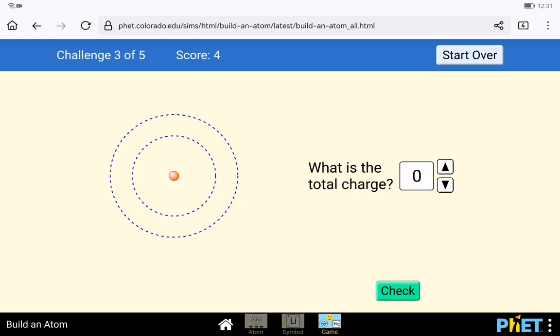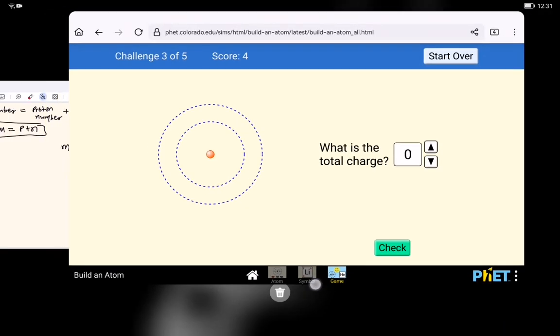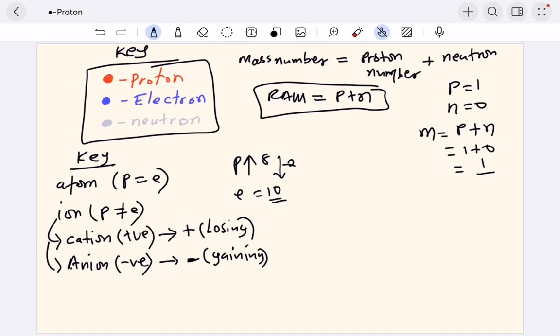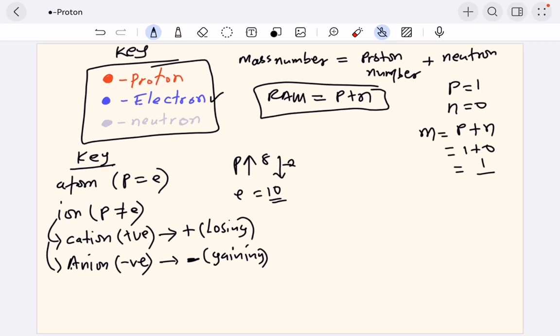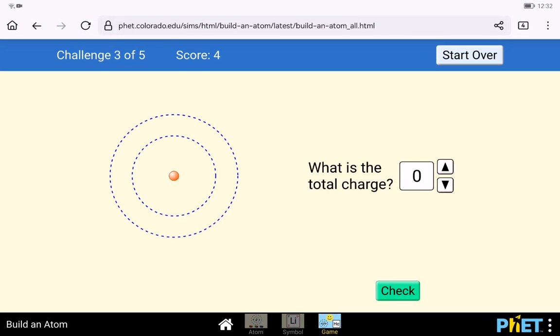We come back to this question. What is the total charge? When we go back to the key, we'll realize that this structure doesn't have electrons. There is no blue in the structure. If it doesn't have electrons, it means that there was a loss of electrons, and a loss is signified by a positive.